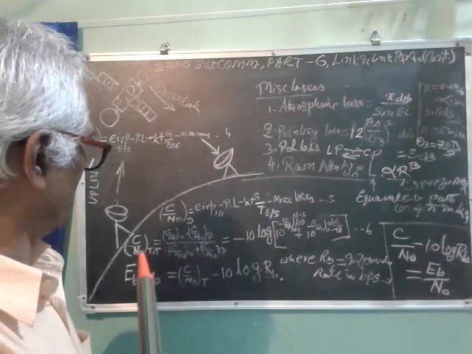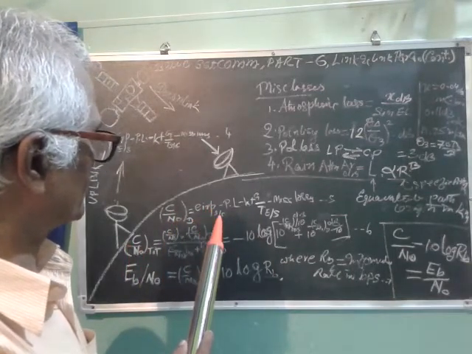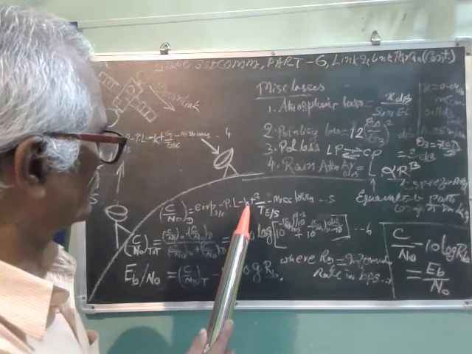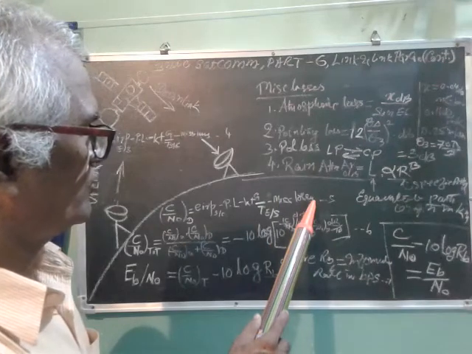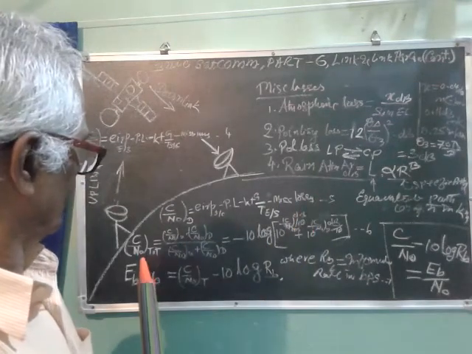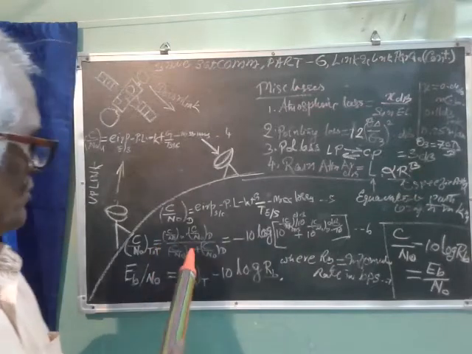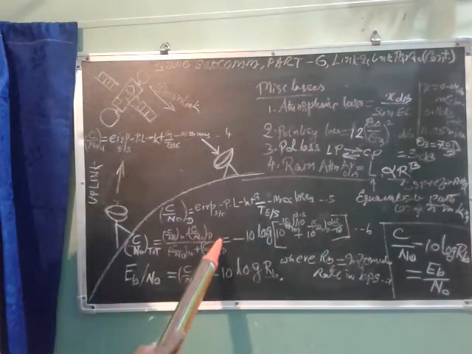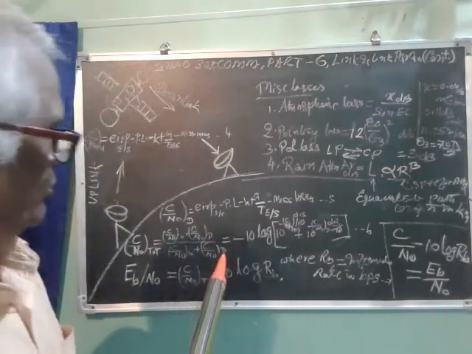The combined C by N downlink is equal to EIRP of the spacecraft minus path loss minus Boltzmann constant plus G by T of the station and miscellaneous loss. And the total C by N total is equal to C by N naught uplink times C by N naught downlink divided by C by N naught uplink plus C by N naught downlink.